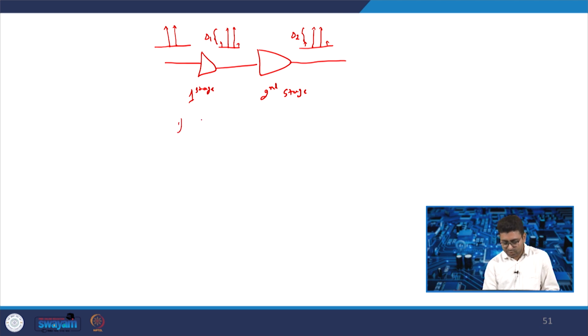That is, delta 1 is equal to delta 2, when the IIP3 is almost equal. So when delta 1 is equal to delta 2, then the IIP3 that is seen by the complete system will depend on the second stage.